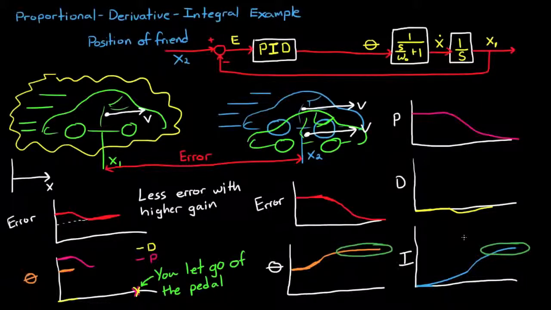However, in a real system, you tune the controller for much more than that. For example, you might be concerned with overshoot or rise time or settling time. And I'll cover how to tune PID controllers in future lectures, and we'll touch on each of those requirements and more. But for now, I hope this gave you a little bit more intuition on how each of these three paths in a PID controller contribute to the overall control system.